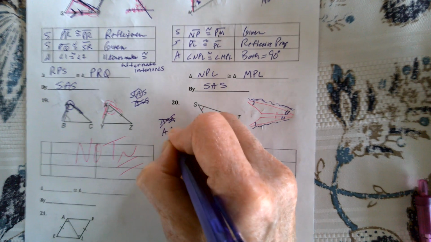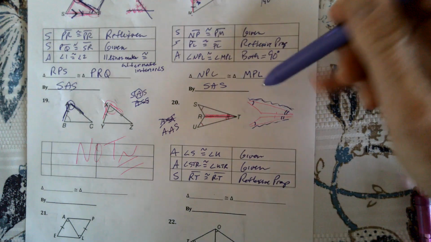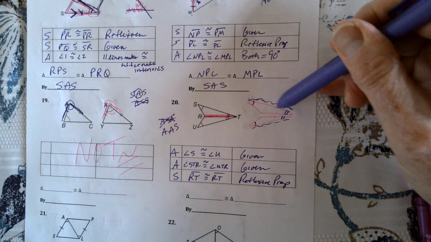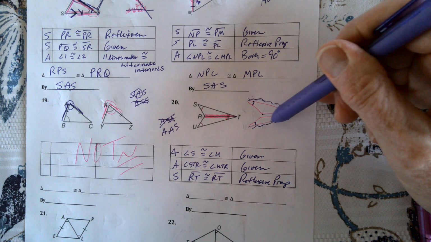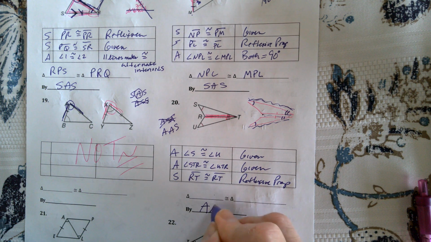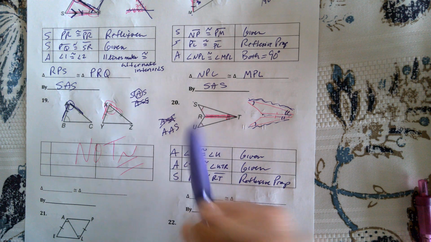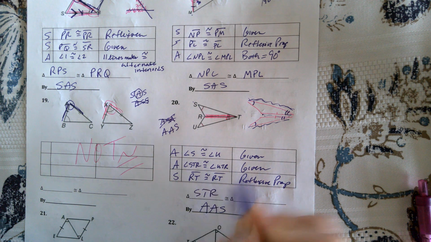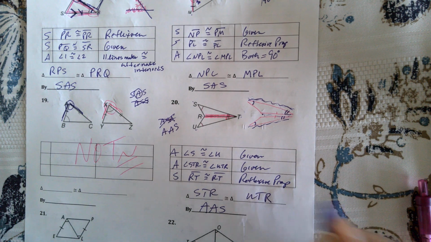Instead, this is angle, angle, side. Start in one place and just walk it and say it. You're going from an angle to an angle, then you hit the side. So this is angle, angle, side. I'm going to say triangle STR is congruent to triangle UTR. Okay.